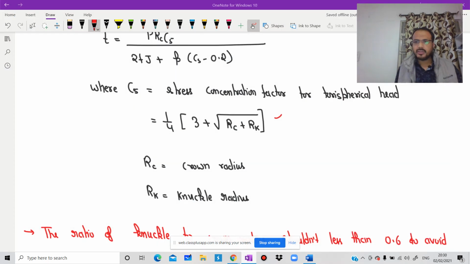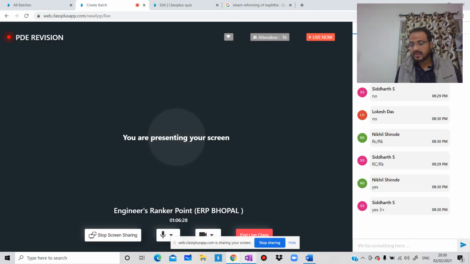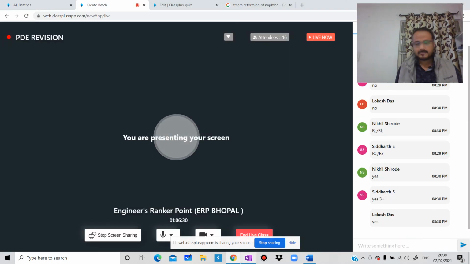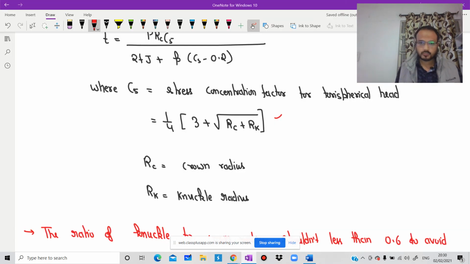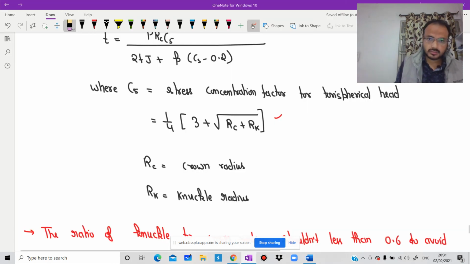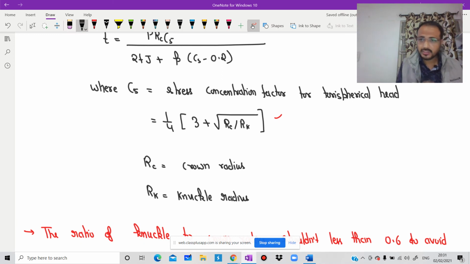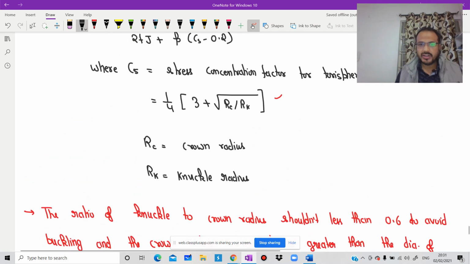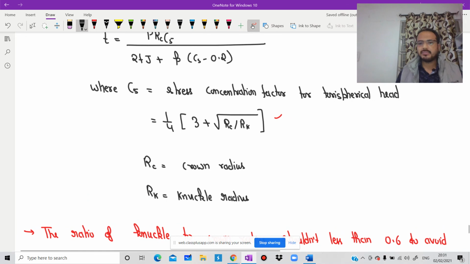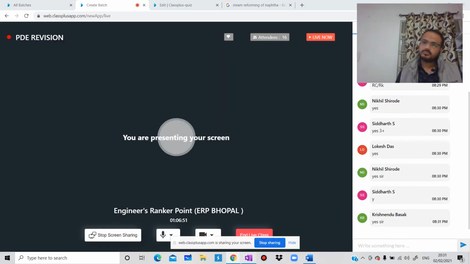The complete formula will be 1 by 4 into 3 plus under root RC by RK. Am I right? This is experience. Now it is okay: 1 by 4 into 3 plus root RC by RK.